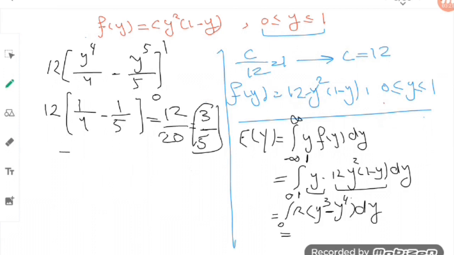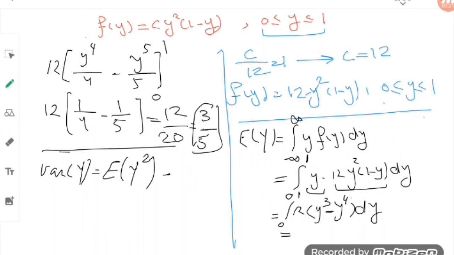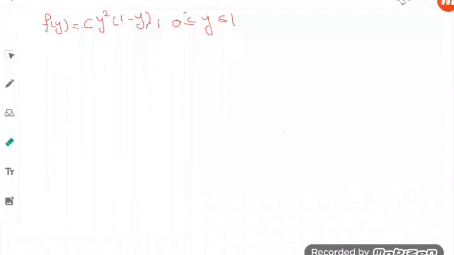And now to find the variance, we know that the variance is computed as the expected value of y squared minus the expected value of y all squared. So we need first to find the expected value of y squared. Now move to the next page. Expected value of y squared.